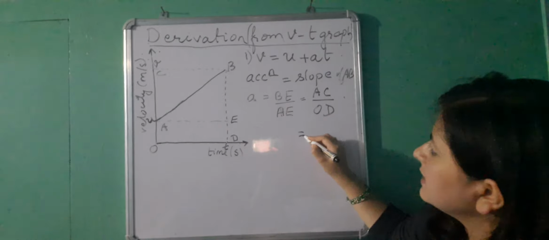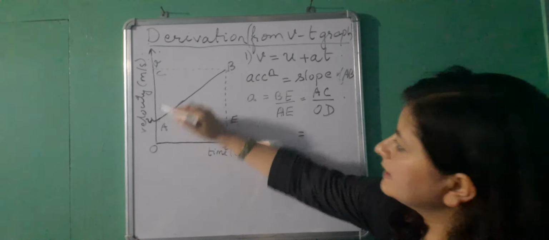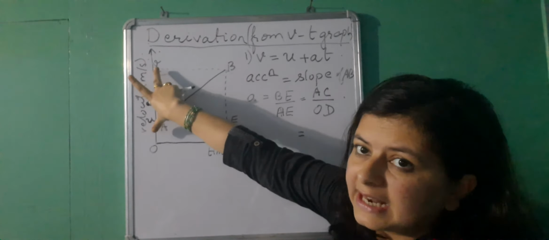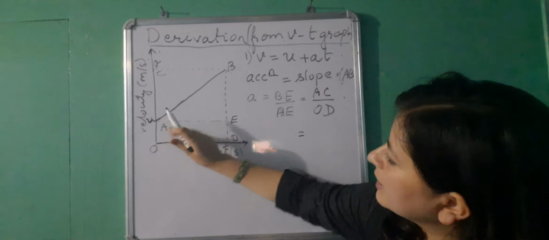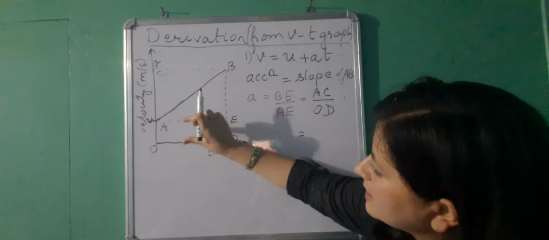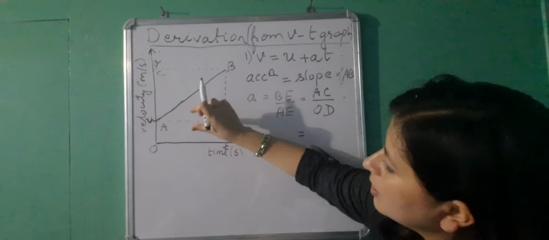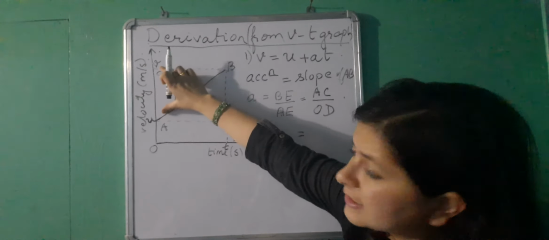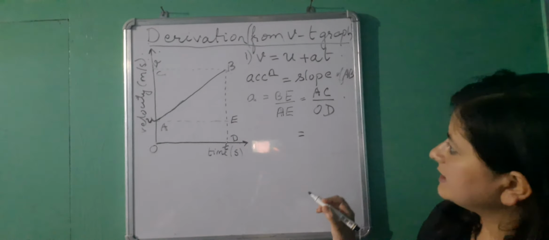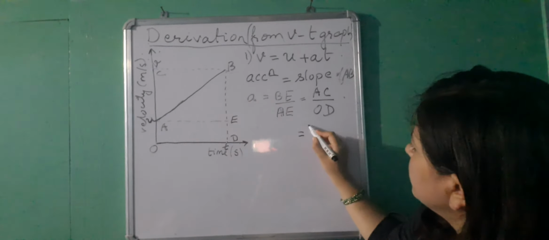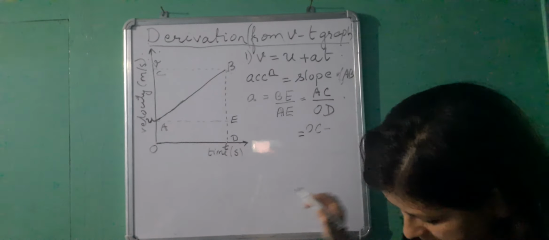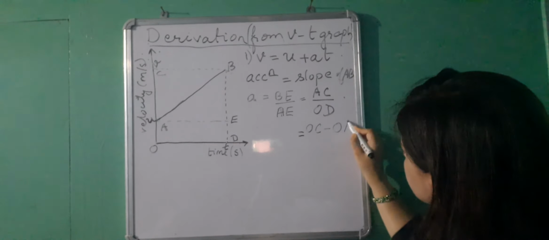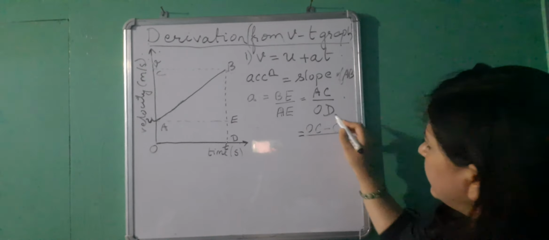Now, what is the length AC equal to? AC was this big line, that is from O to C minus O to A. So if you just take this big line and cancel this portion AO or OA, you are just going to get this line. So elaborating AC, we can write OC minus OA divided by OD.